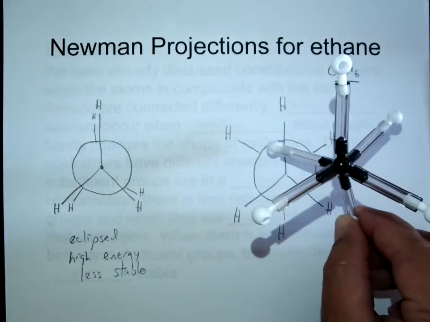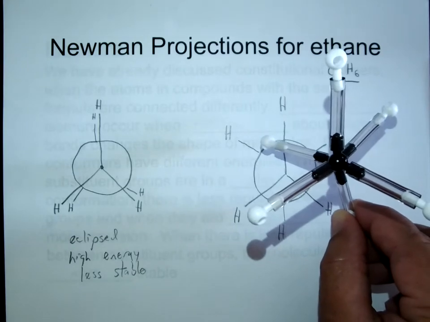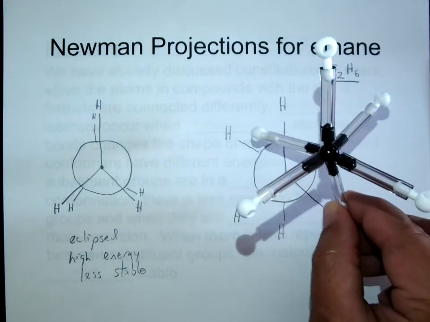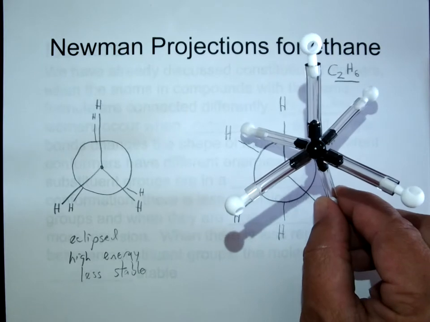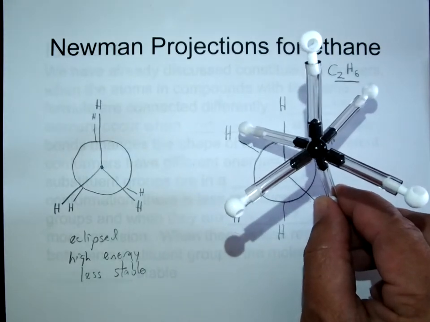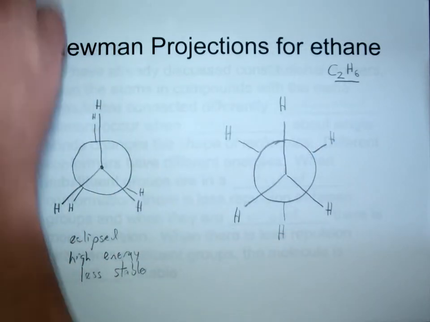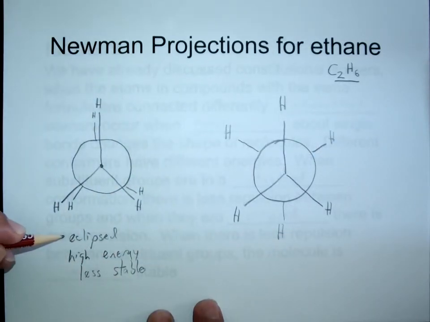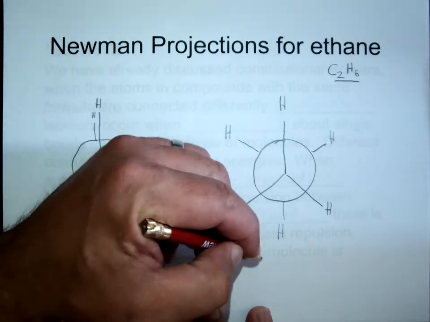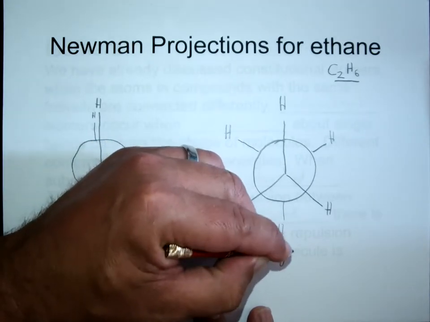Again, the end-on view is what the Newman projection is representing, and you can see the three groups on the front carbon pointing towards you, the three groups on the back carbon pointing away from you. And for ethane, it's really easy to visualize simply an eclipsed conformation versus a staggered conformation.